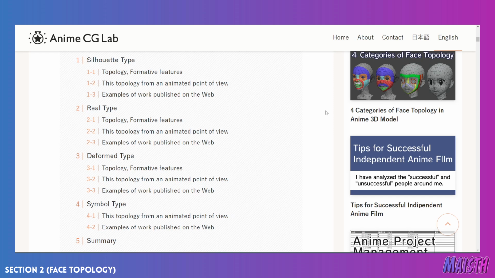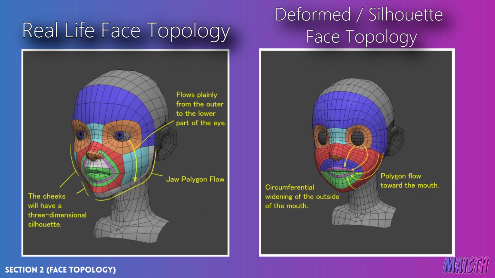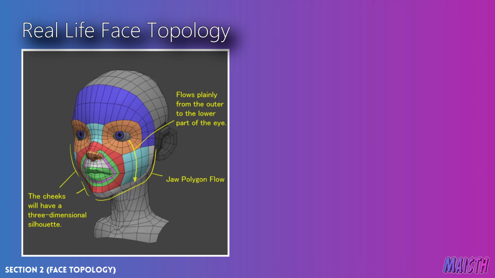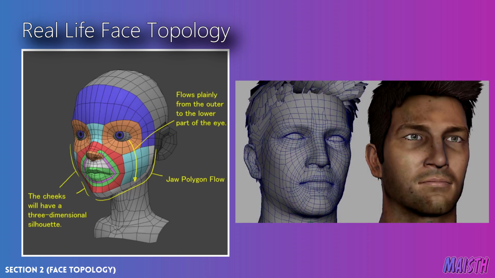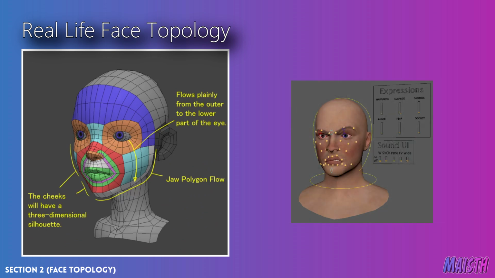However, we will be focusing on 2 types of topologies that in my opinion will serve us the most in learning how to make a face. The ones we'll be focusing on in the videos will be the real-life face topology and the deform/silhouette type. The reason is because the real-life type is the most commonly used topology in the 3D industry. It is also the most useful when it comes to rigging a face, as it will be deformed just like a real-life face would.